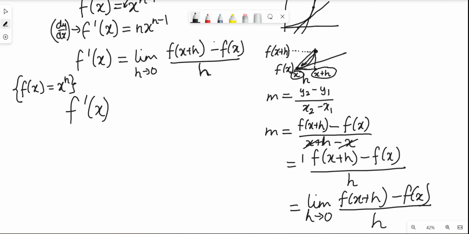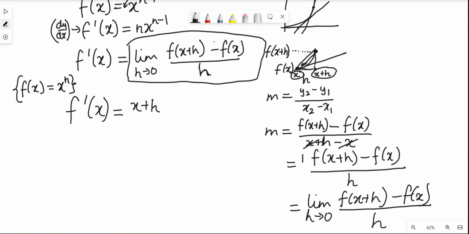So now we have f dash of x equals, now we look back to the equation here or here. So this one, let's look at this one because it's closer. And so f of x plus h, we can see that f of x is x power n. So naturally f of x plus h has to be x plus h where the x is. So it is x plus h all power n. And minus f of x is just x power n. So x power n all over h.